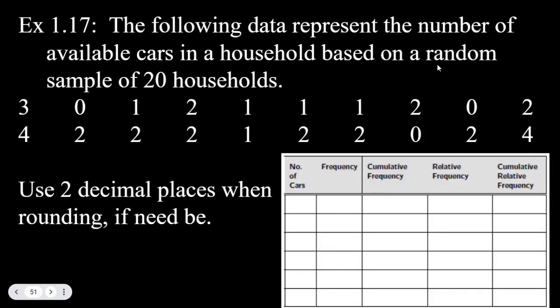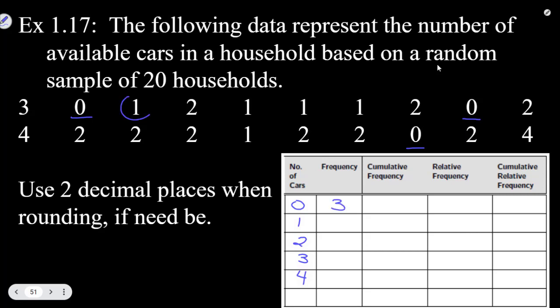It says the following data represents the number of available cars in a household based on a random sample of 20 households. If you look through our list here, our outputs, the number of cars are going to be 0, 1, 2, 3, and 4. Then if we look at the frequencies, we're just counting how many times something occurs. So notice we've got 1, 2, 3 zeros.